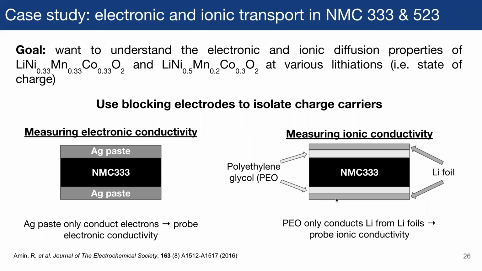Now we also apply a lithium foil on either side, and this lithium foil is going to provide the lithium to be able to cycle through our system. So now, because we are sure that we're not conducting electrons because of our PEO layer here, we know that we are exclusively probing the ionic conductivity of our pellet.